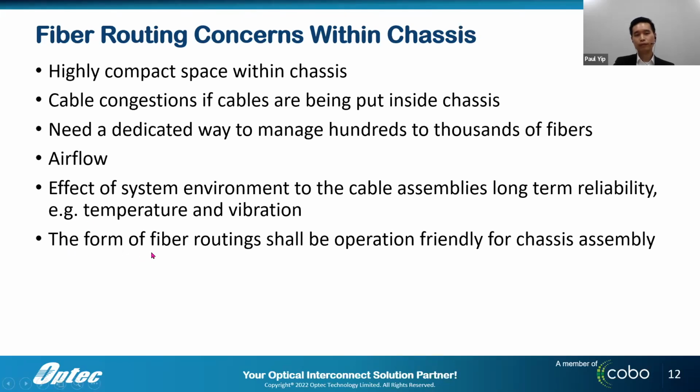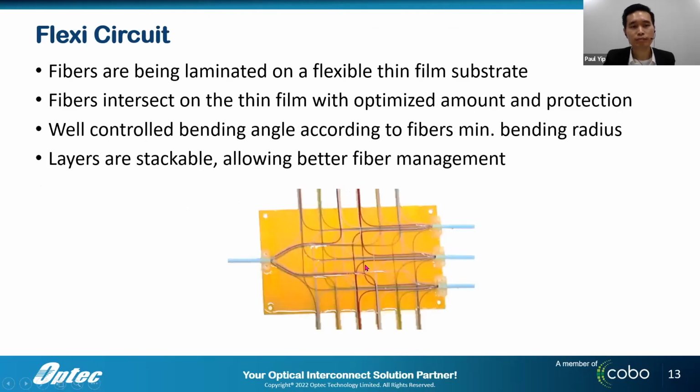And the form of routing, of course, so we make them at a factory level in passive ways. So when we assemble all other active components, is it easy for the next level assembly maker to do the operations? So we also take this into account on our fiber shuffle designs.